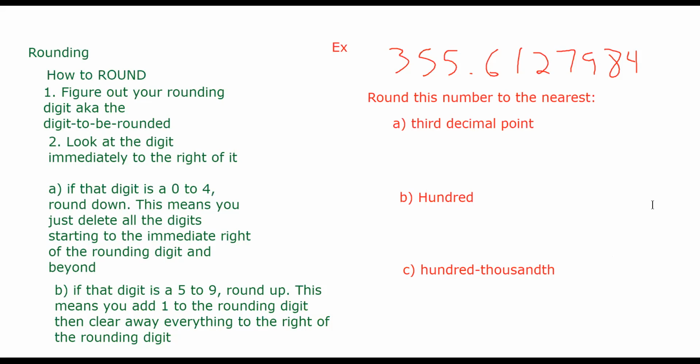And let me just alter the number a wee little bit. Let's make that one a 2. So 325.6127984.